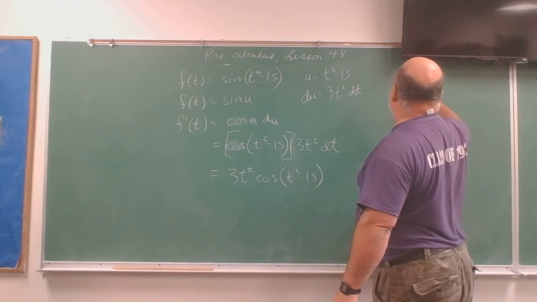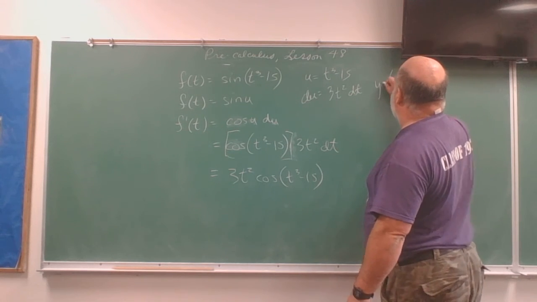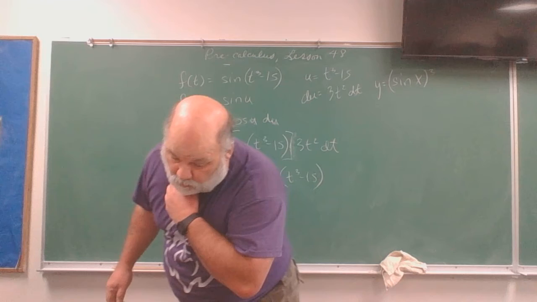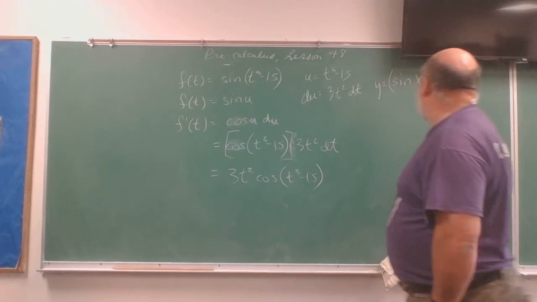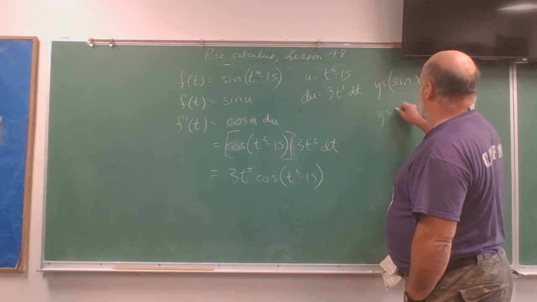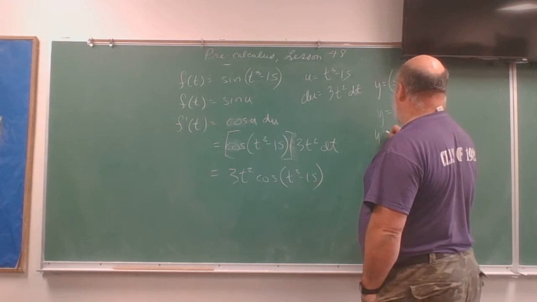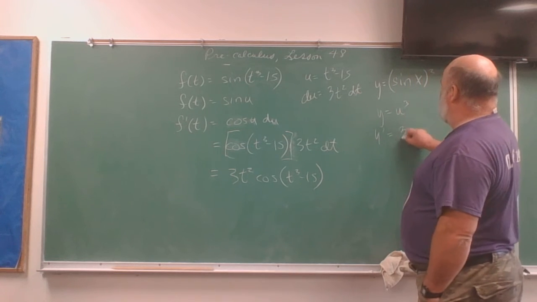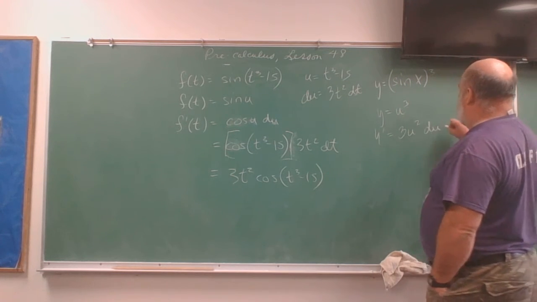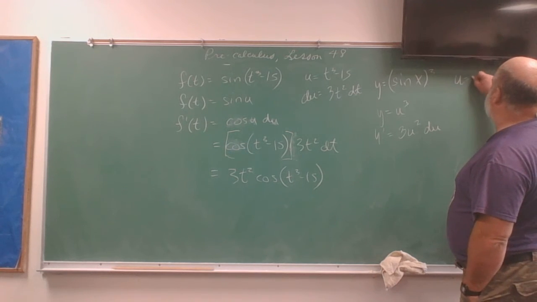So, the next one where it says sine of cubed x, this is the sine of x quantity cubed. What do they say? Do they say y equals? Yes. And they want the derivative. Well, we're going to say y equals u cubed. Derivative, that will be 3u squared du. In this case, u is the sine of x.